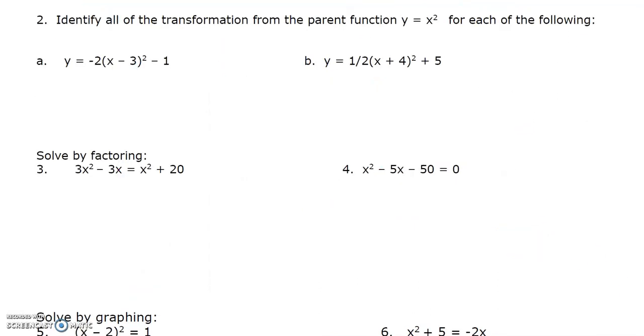Okay, the next part is asking us to identify all of the transformations from the parent function y equals x squared for each of the following. So I'm going to identify each thing and talk about what it means. The first thing is the negative sign. That negative sign causes a reflection across the x-axis.